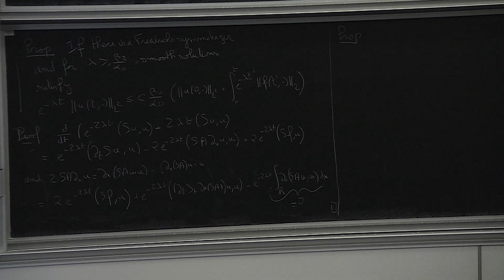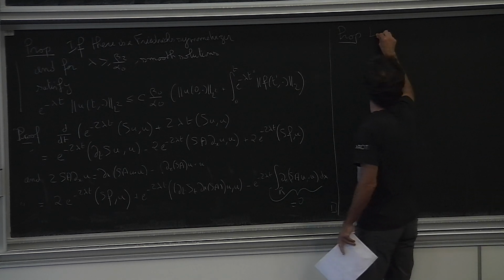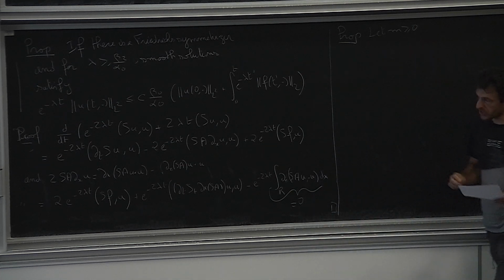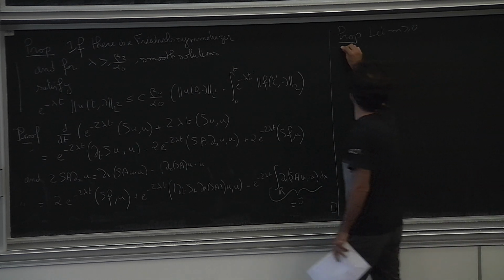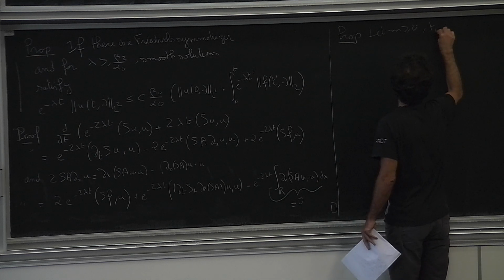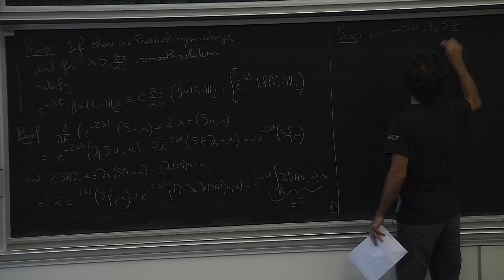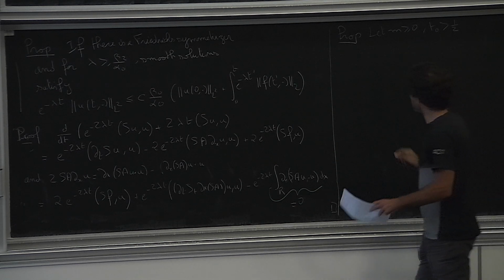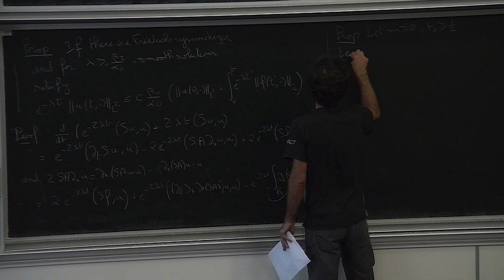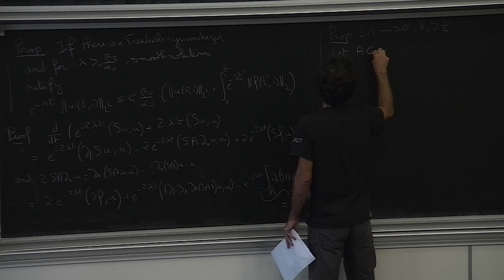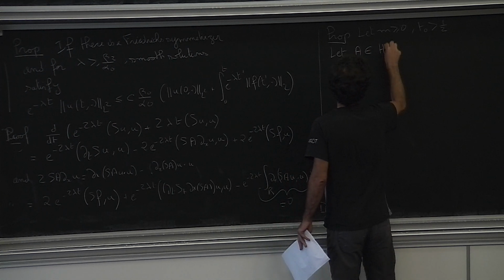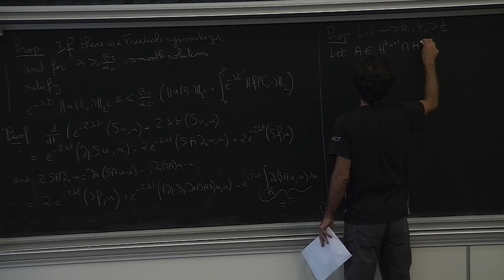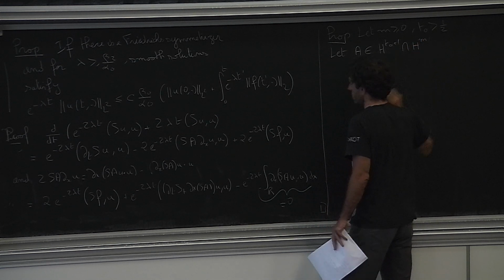regularity. So let M be some positive real number, and assume that t0 is some real number larger than 1/2, which is d over 2 in this case. And assume that the matrix A belongs to H^(t0+1) intersect H^M.